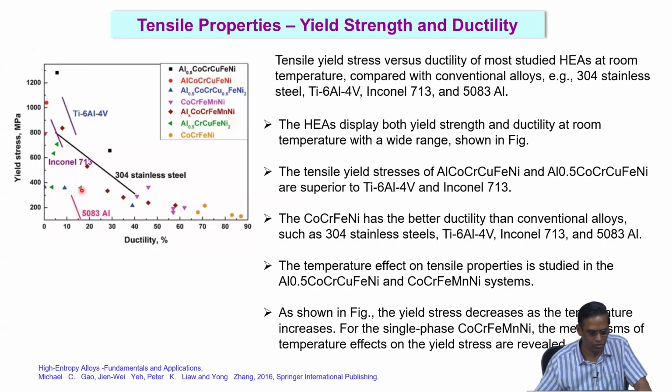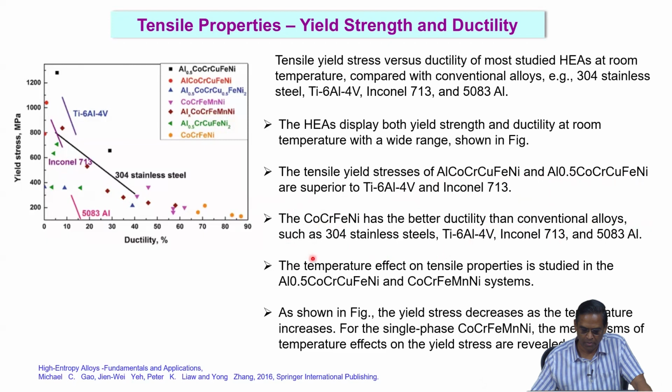To choose from, all these aluminum alloys, super alloys, stainless steels, and titanium alloys fall in different domains, but the high entropy alloys open up a major door to tune the strength and ductility combinations in this plot. The tensile yield stress of the aluminum, cobalt, chromium, copper, iron, nickel alloy and its variants with different cobalt contents is superior to Ti-6-4 and Inconel 713.